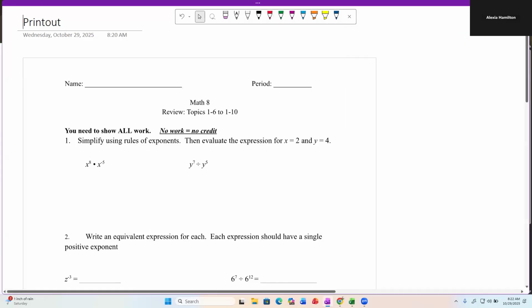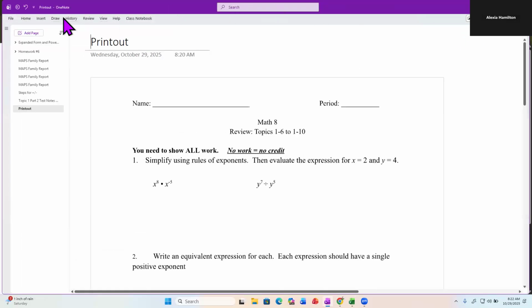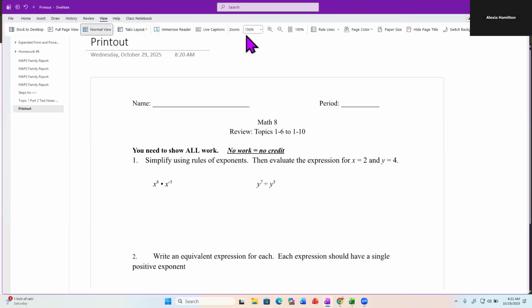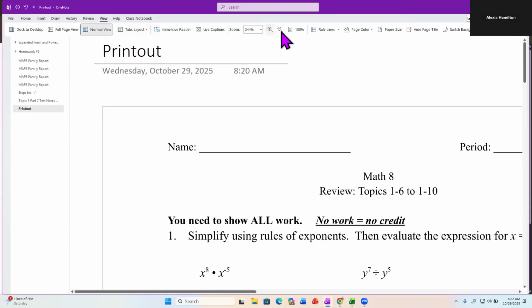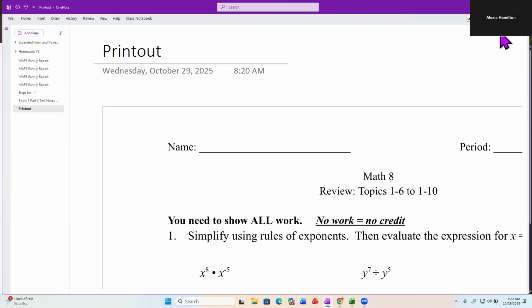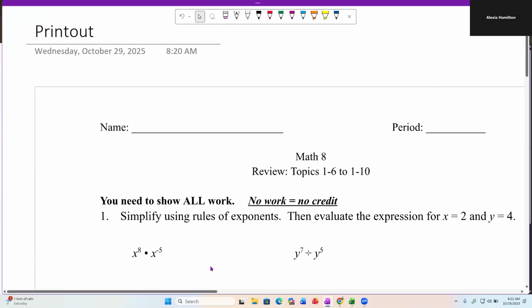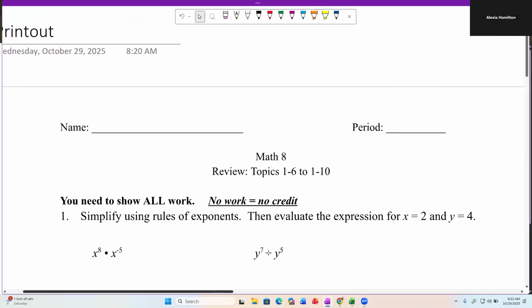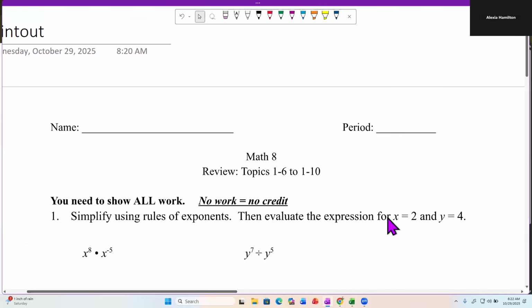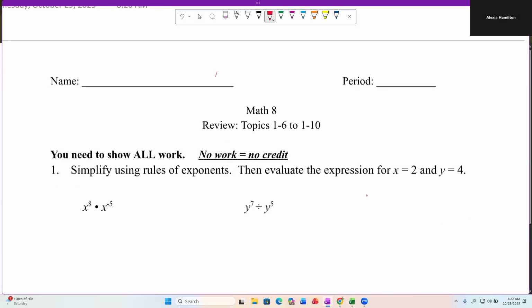I'm going to zoom in a bit on the page because I can't read what it says. Okay. Questions 1 and 2, we are evaluating for the expression. We know that x equals 2, y equals 4.